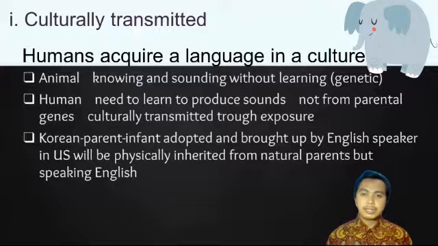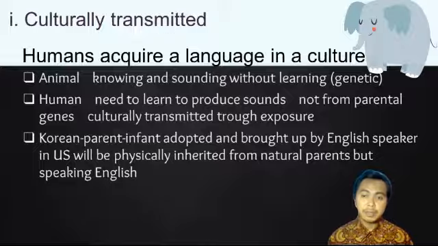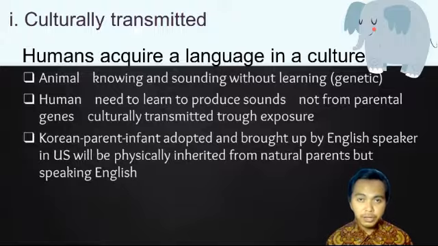The last one is cultural transmission. Humans acquire language in culture. The animals know about language and sounds without learning because this is genetically inherited. But humans need to learn to produce sounds, not from parental genes, but humans can get the language through exposure.